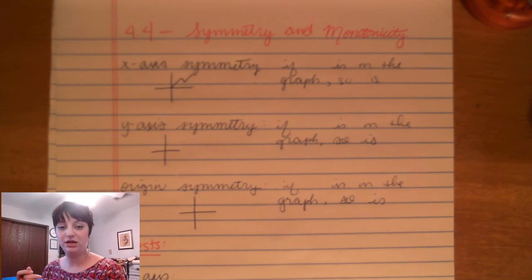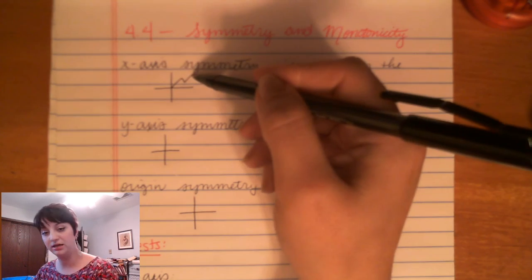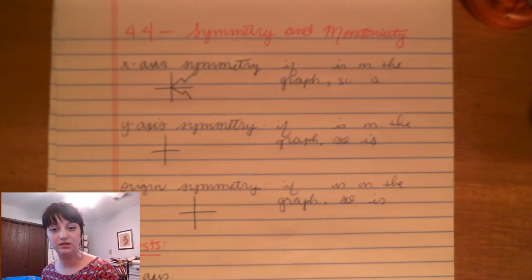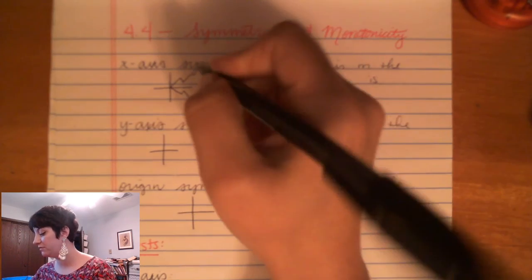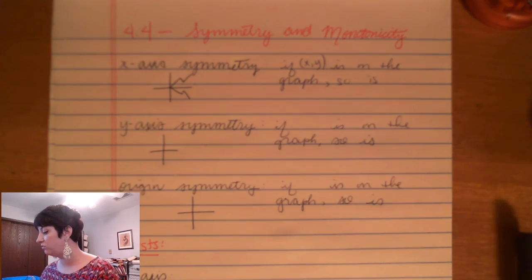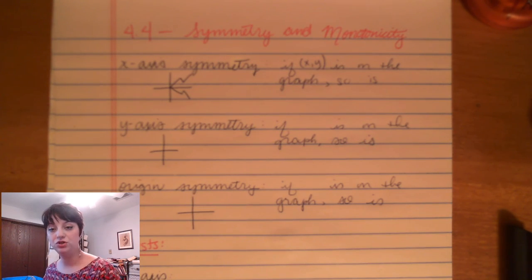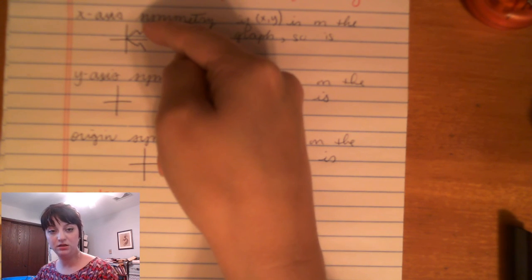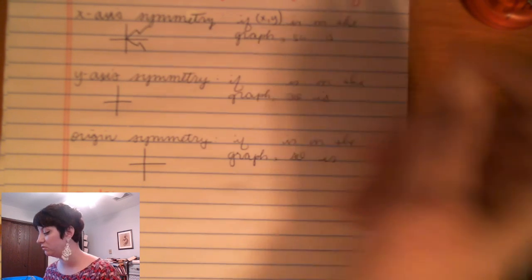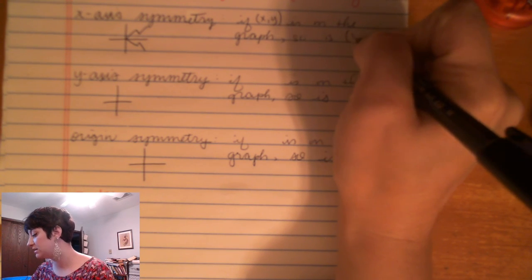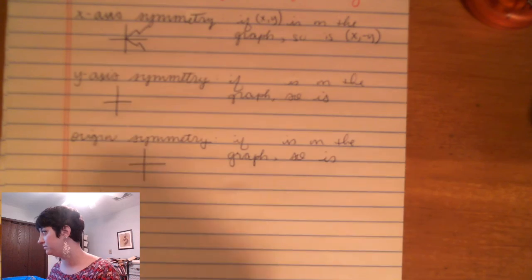Then if I flip it over the x-axis, it would be down here, right? So up in the first quadrant live the points (x, y). If (x, y) is on the graph, so is what? Well, the x's would still be positive, but the y's would be negative. So is (x, -y).